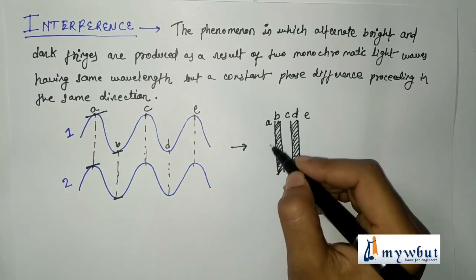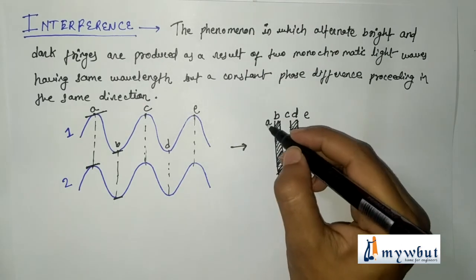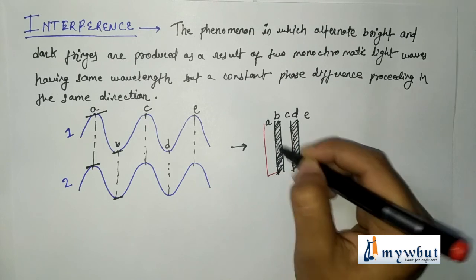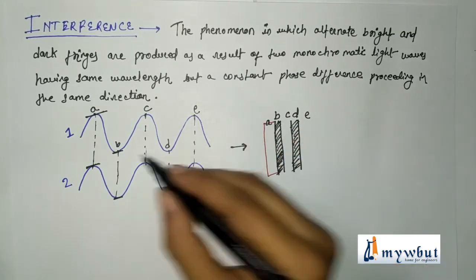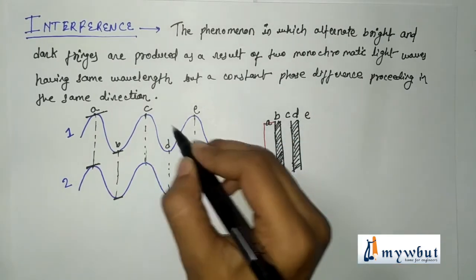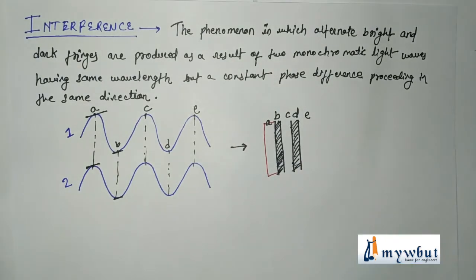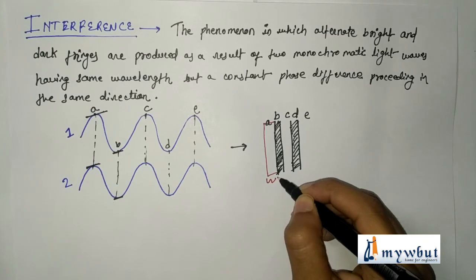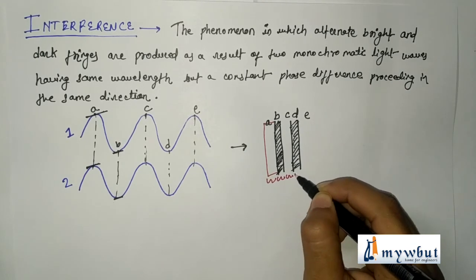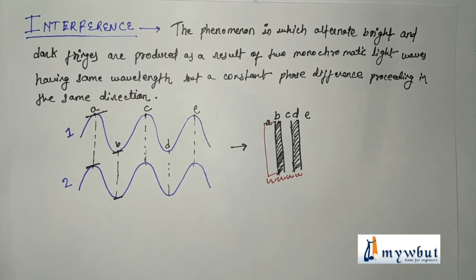So we are getting the bright region, that is, you can say this region is the bright region, and where the crests are meeting at B and at D, we are getting the dark region. So this one and this one and this one and this one, each of them is known as a fringe. So that is the phenomenon of interference.